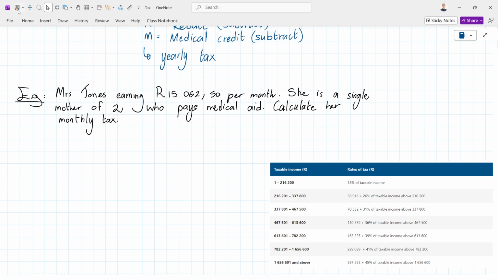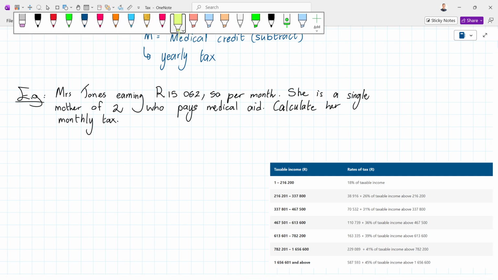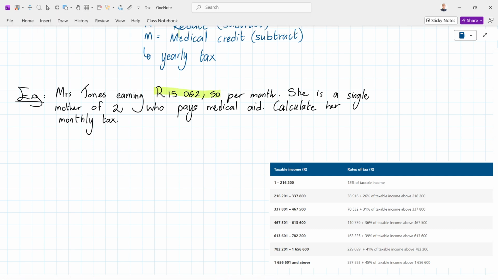So what are my important things here? Firstly, obviously, her monthly income is important. It is important that she is single, and it is important that she has two kids and belongs to a medical aid.